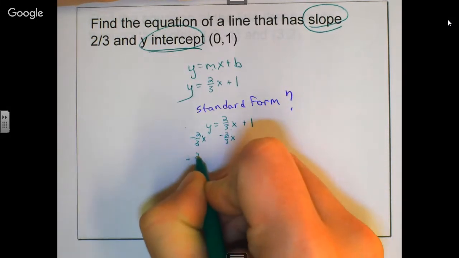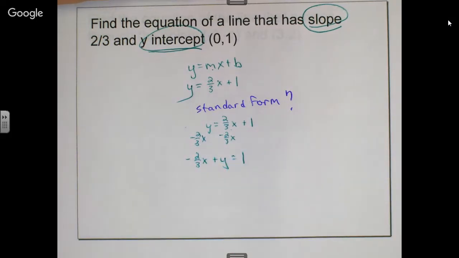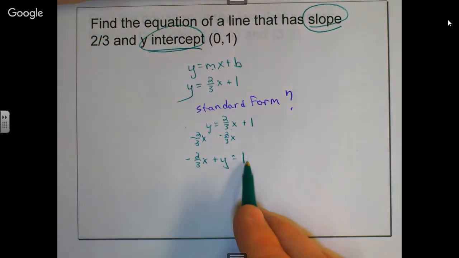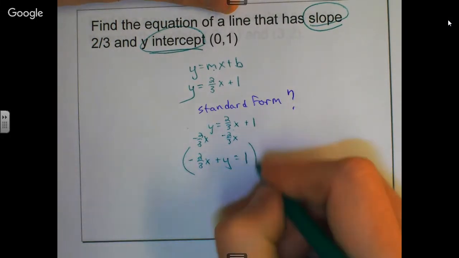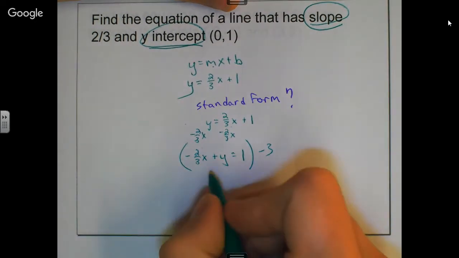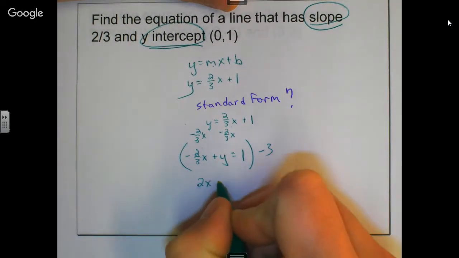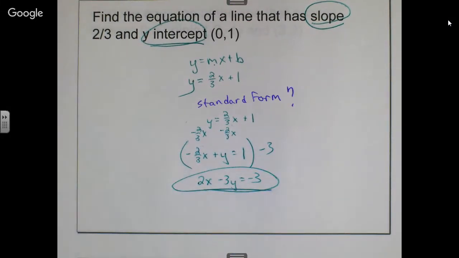So -2/3 x plus y equals 1. Remember, x and then y and then your constant. But this cannot be negative and it cannot be a fraction. So we multiply by the common denominator. So we'll have 2x minus 3y equals -3. And there is your standard form for the equation.